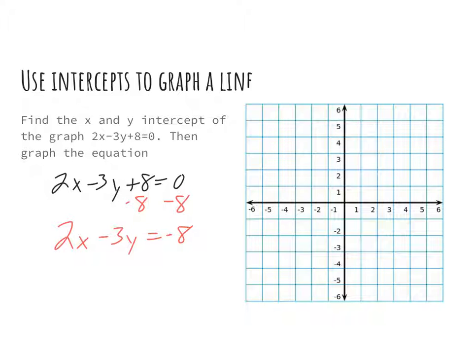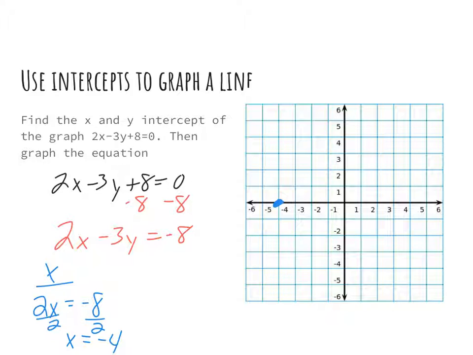So now, when I want to find the x-intercept, I take the x part and I set it equal to c, and I solve for x. Divide both sides by 2, and I get that x is a negative 4. So on the x-axis, I put a point at negative 4.